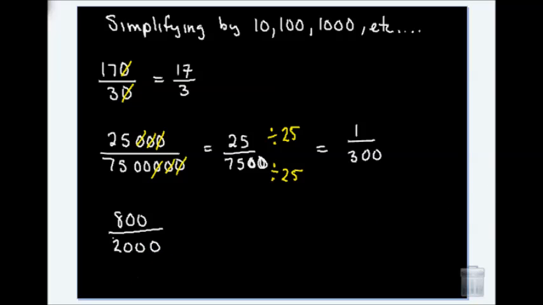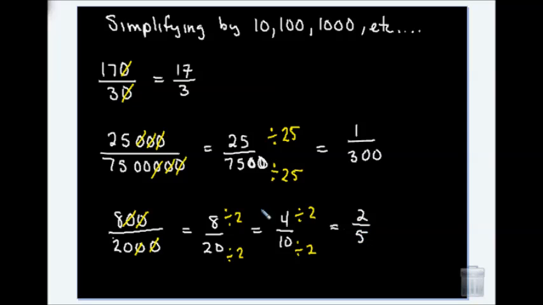You know, 800 over 2,000, cancel one set of zeros, cancel the other, and I have 8 over 20. This is easier to deal with. I could divide by 2 if I wanted to, do it repeatedly, and I'll get 4 and 10, which I can then divide by 2, and I get 2/5.